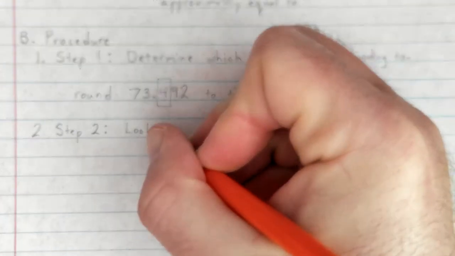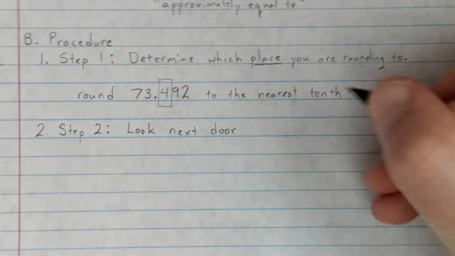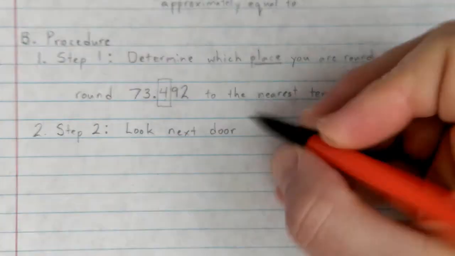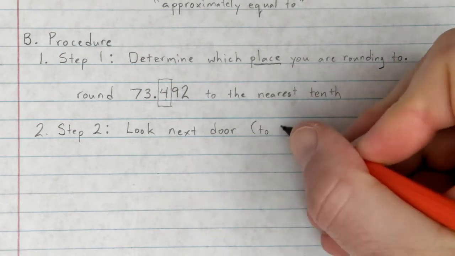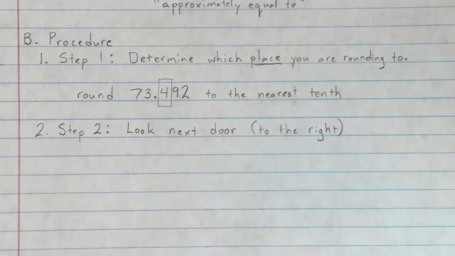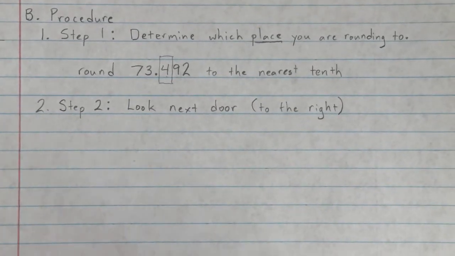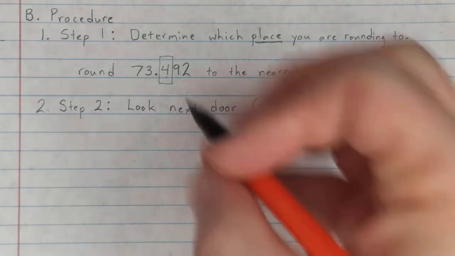Look next door. More specifically, to the right. Now we'll do a little bit of practice and we'll talk about number lines and how this works. But the short version is this.